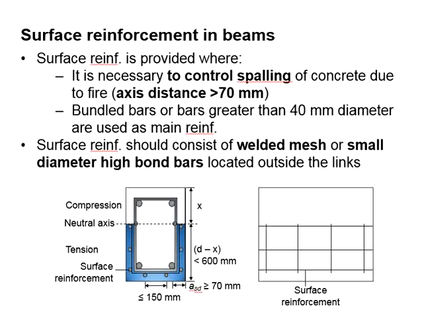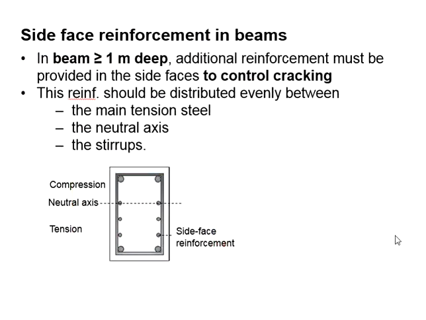Another requirement that surface reinforcement bar shall be required will be when your bar size is greater than 40 mm diameter. Under normal circumstances, we will not use the bar diameter more than 40 mm, unless for large member which is heavily reinforced. Don't get confused with the arrangement of the reinforcement bar for the surface reinforcement and the side face reinforcement.